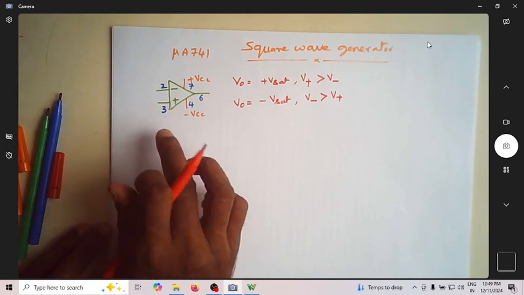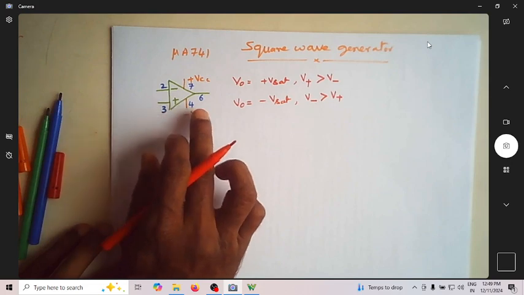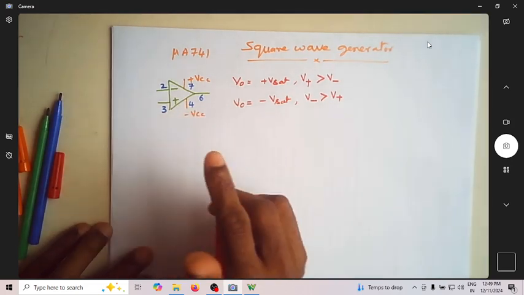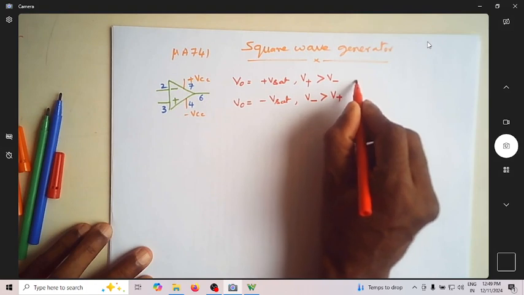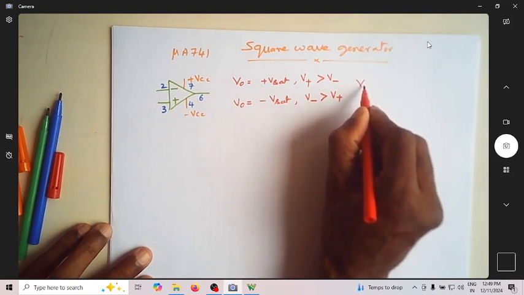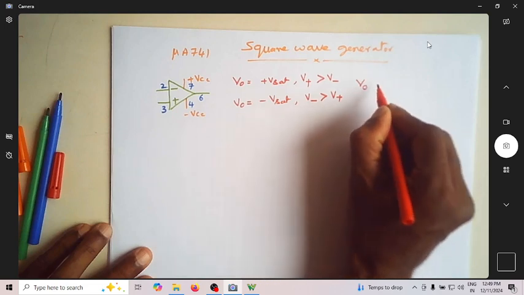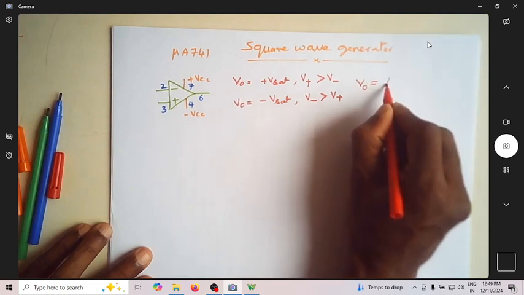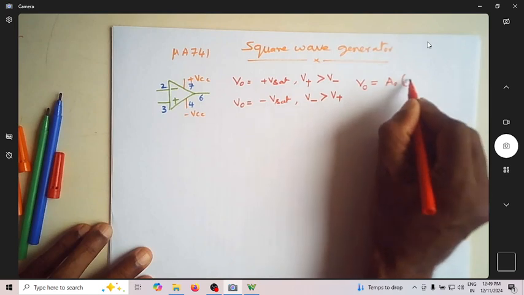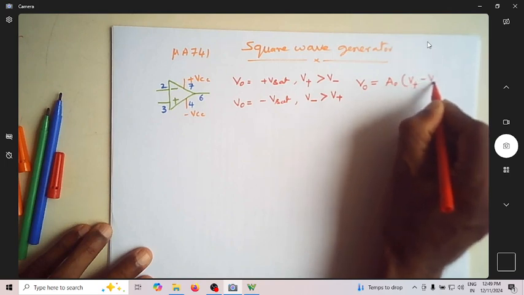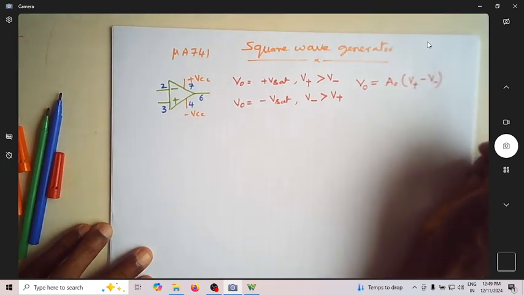Now let us see how we use this property of the operational amplifier. We know the expression for the output voltage of an op-amp in open loop condition. V naught is given by the open loop gain A naught times the voltage at the non-inverting terminal minus the voltage at the inverting terminal.